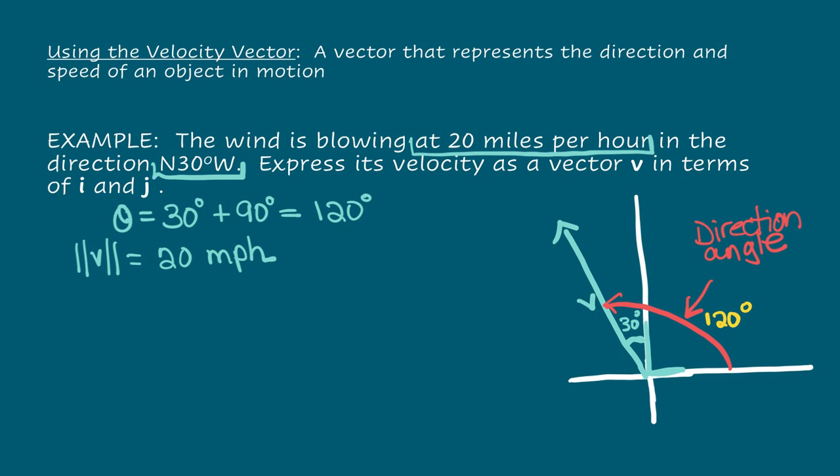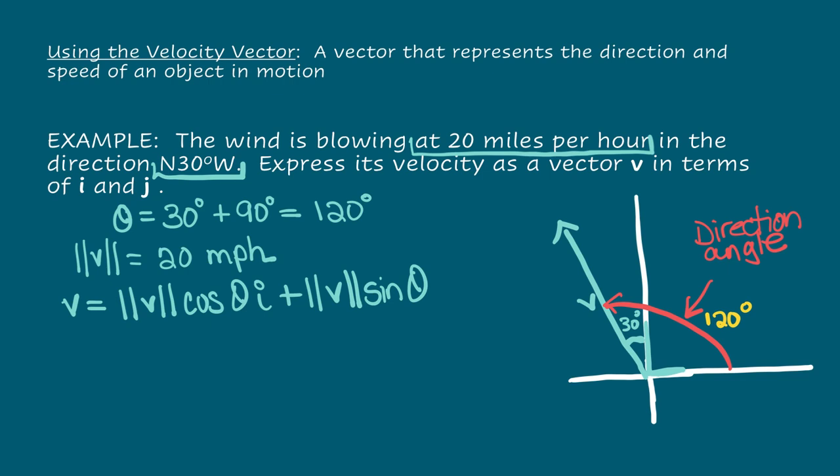And then in order to write our vector, we're just going to plug into that relationship, which is the magnitude of v cosine theta i plus magnitude of v sine theta j.